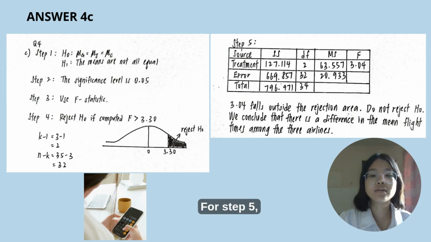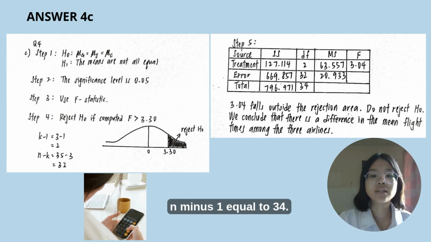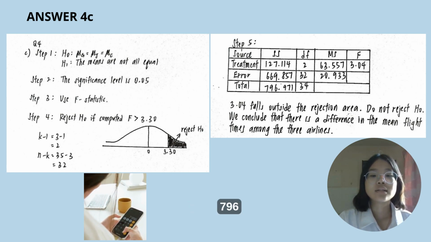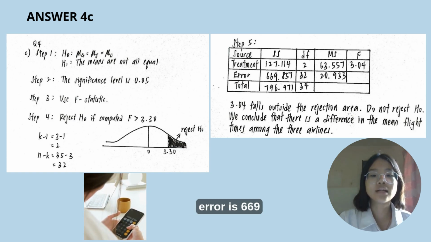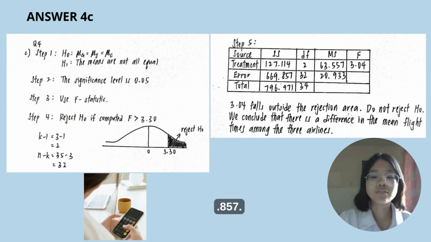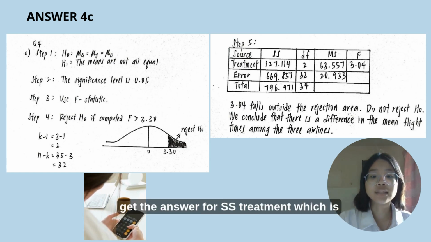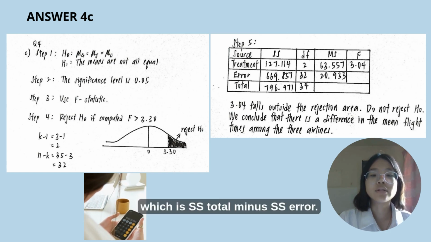For step 5, we can find the DF total, which is n minus 1 equal to 34. The SS total is 796.971 and the SS error is 669.857. We get the answer for SS treatment, which is 127.114, which is SS total minus SS error.